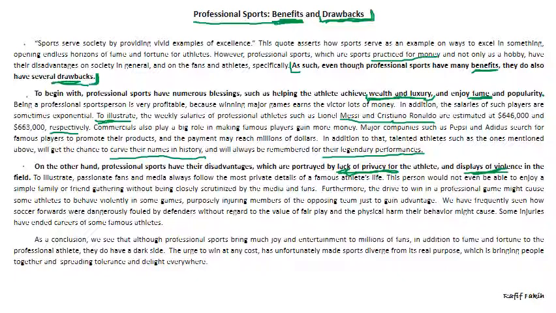To illustrate, passionate fans and media will always follow the most private details of a famous athlete's life. This person would not be able to enjoy a simple family or friend gathering without being closely scrutinized by the media and fans. When someone scrutinizes you, they look into the very small details of every part of your life.